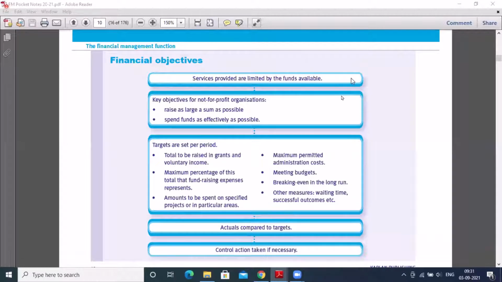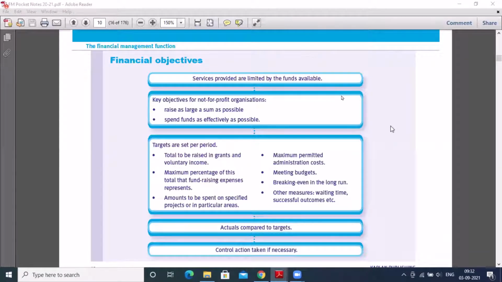First point, what is that? Total to be raised in grants and voluntary income. Grants and voluntary income. Okay. Now, total to be raised, whatever the fund requirement, it means for that particular year, suppose I consider 2020 and 2021, what is the targeted amount of funds which they are planning to raise? It means this particular year, how much funds they are planning to raise.